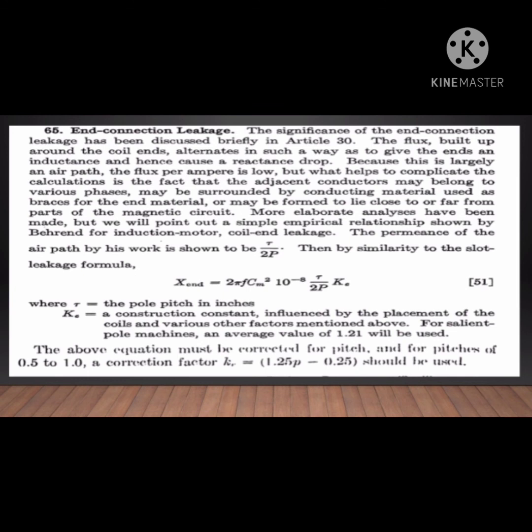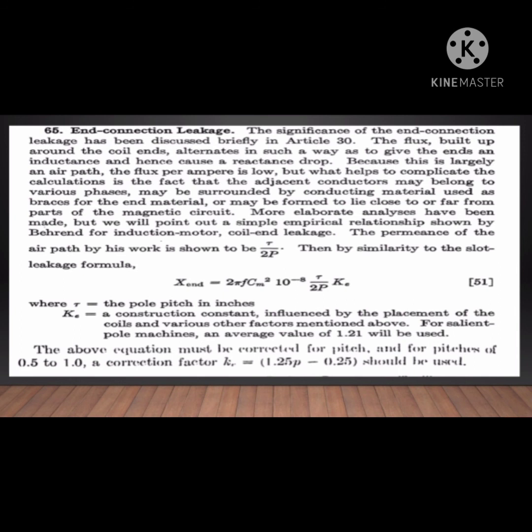The formula for the end connection leakage is equal to 2 pi f times C, which is the total series conductor per phase, times m squared, where m is the phases, squared, times 10 raised to negative 8, times the pole pitch in inches over 2 times P, which is the permeance of the air path, rho over 2p, then times KE.